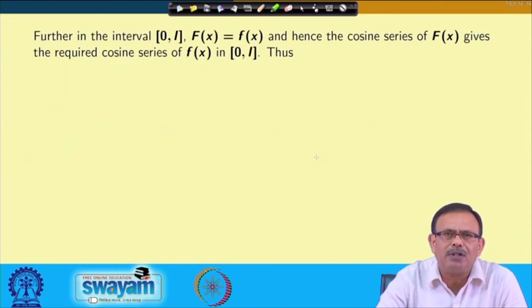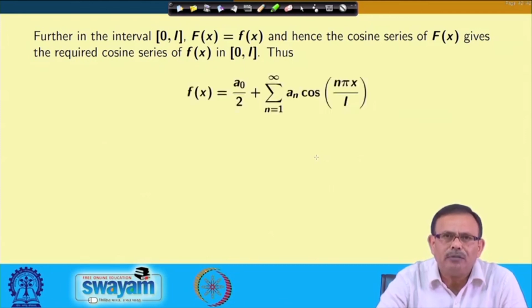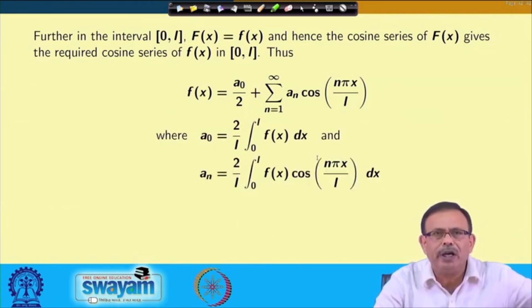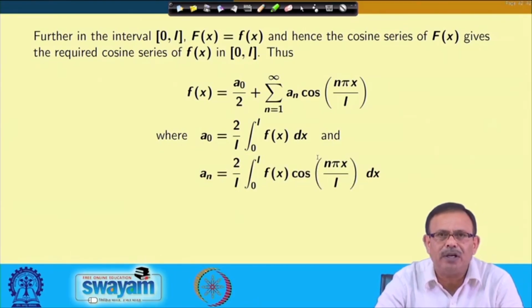Again, in the interval 0 to L, capital F x equals small f x. Therefore, the cosine series of F x will be the required cosine series of small f x in 0 to L. So that we can write down f x equals a0 by 2 plus summation n equals 1 to infinity a n cos n pi x by L, where a naught is 2 by L integral 0 to L f x dx, and a n will be equal to 2 by L integral 0 to L f x cos n pi x by L into dx.